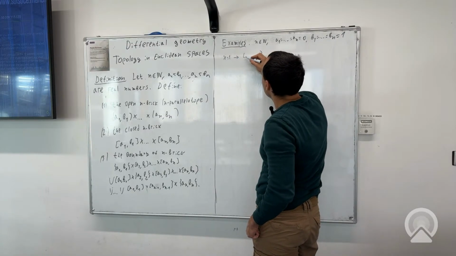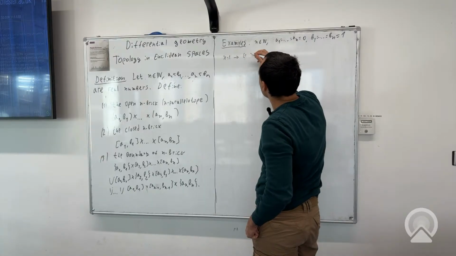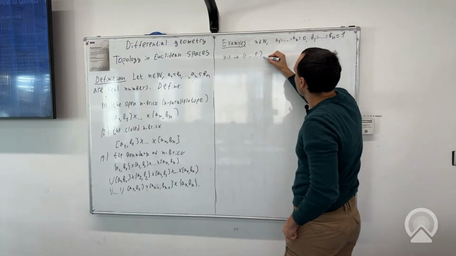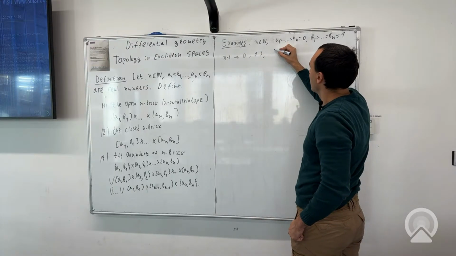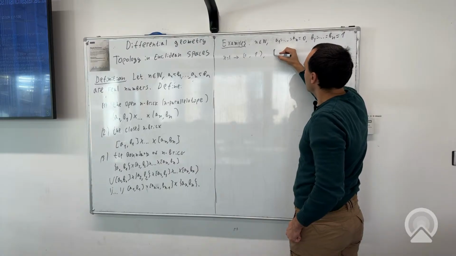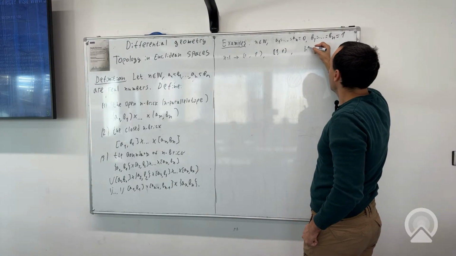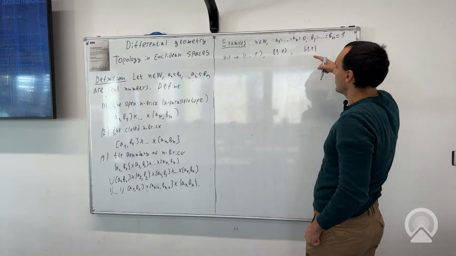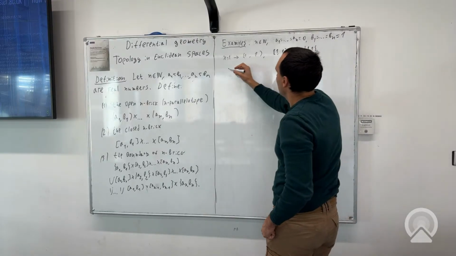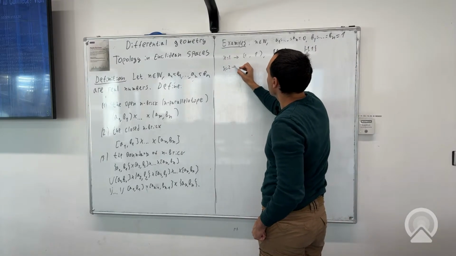And so when n equals 1, again, we have this kind of interval, minus 1, 1. We also have a closed interval, and the boundary is minus 1, 1, only these two elements. When n equals 2, we get a square.